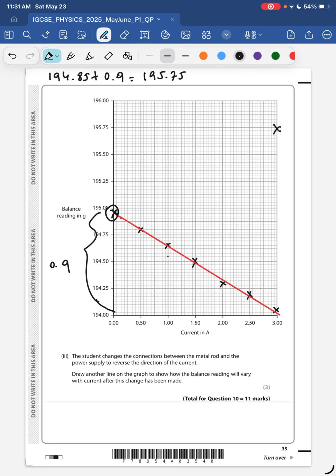And we have to draw a line connecting these 2 points. This is like the symmetric graph, but in the other direction. I hope this makes sense, because this time we will have an increase in the mass. So this is our answer for question 10, and we are ready to move on to question 11.